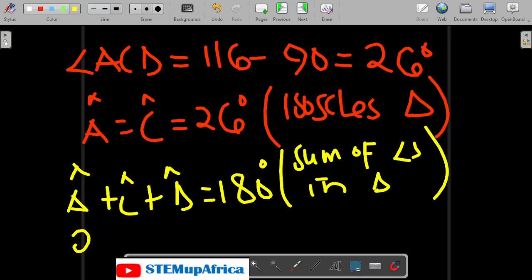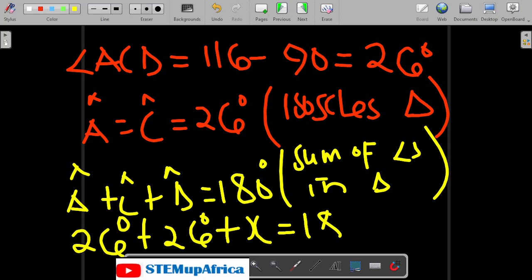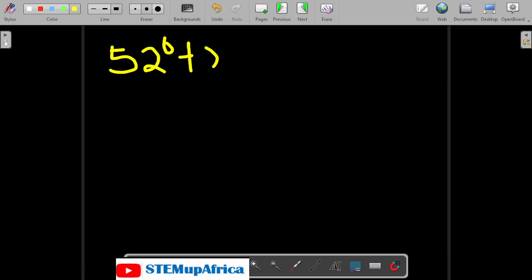So I'm having 26 degrees plus 26 degrees plus X equals 180. So 26 plus 26 will give us 52. So I'm having 52 degrees plus X equals 180 degrees.